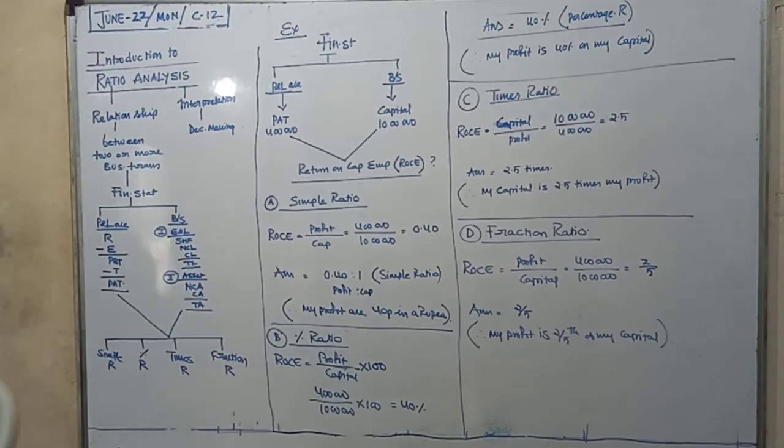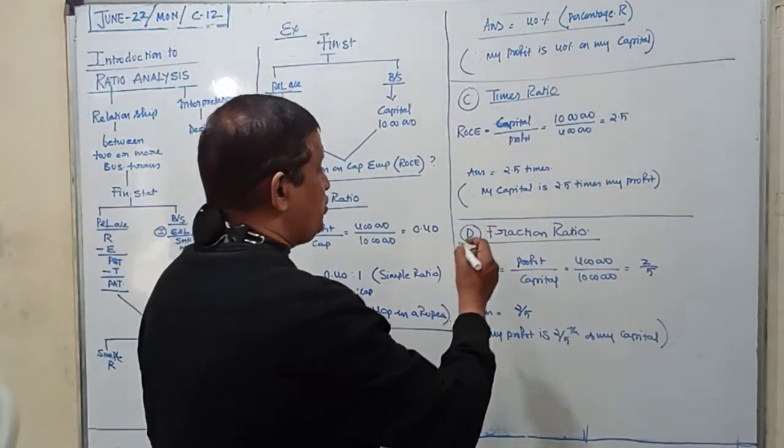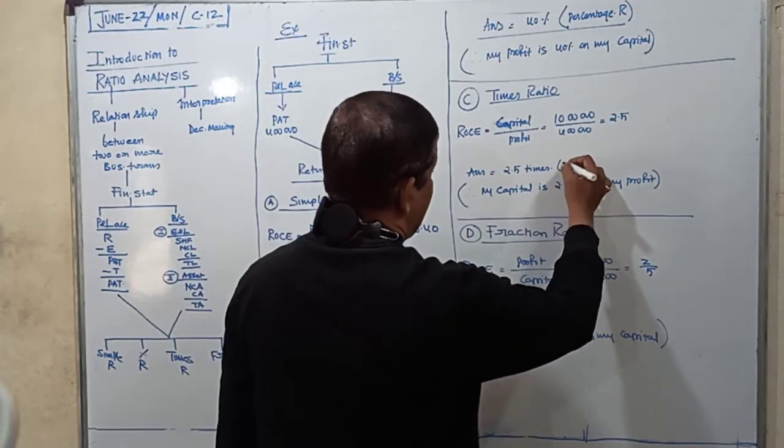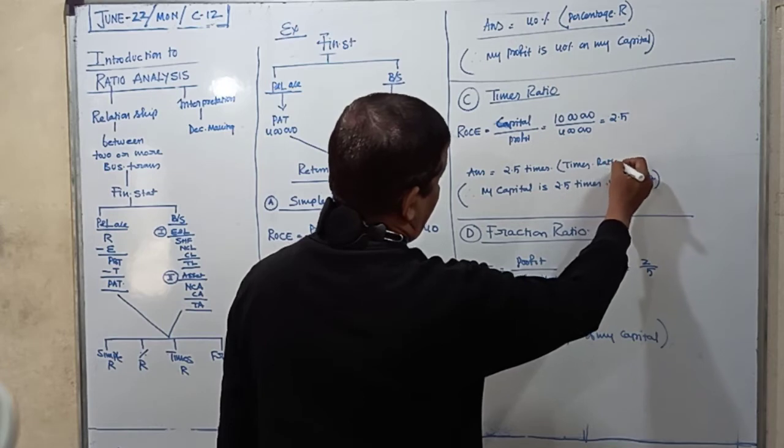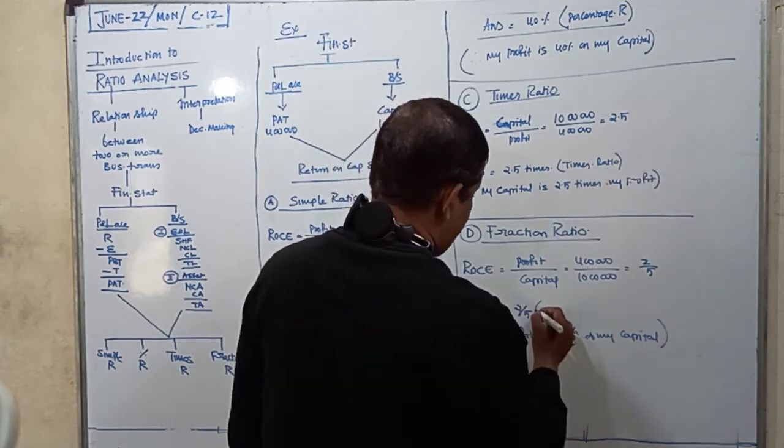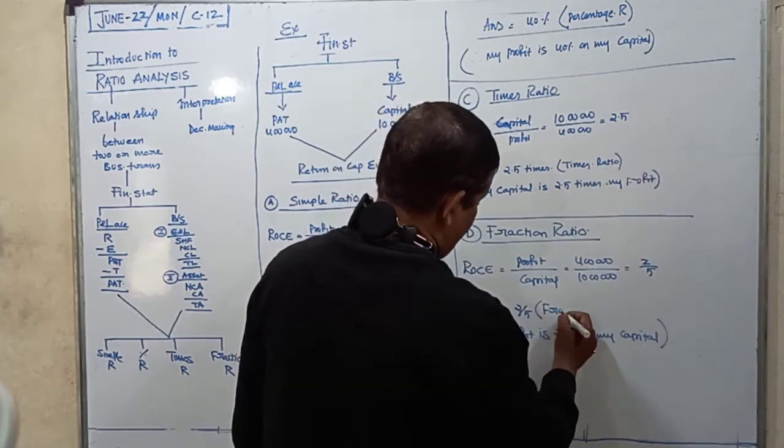So these are the various ways in which you can express. This 2.5 times is a times ratio, and this 2/5 is a fraction ratio.